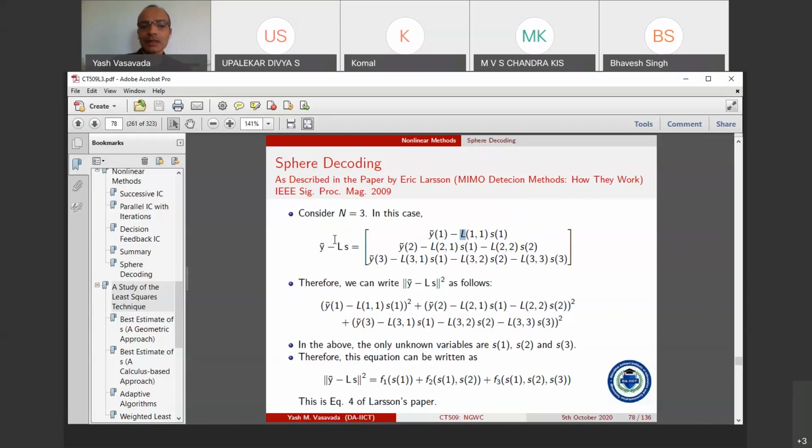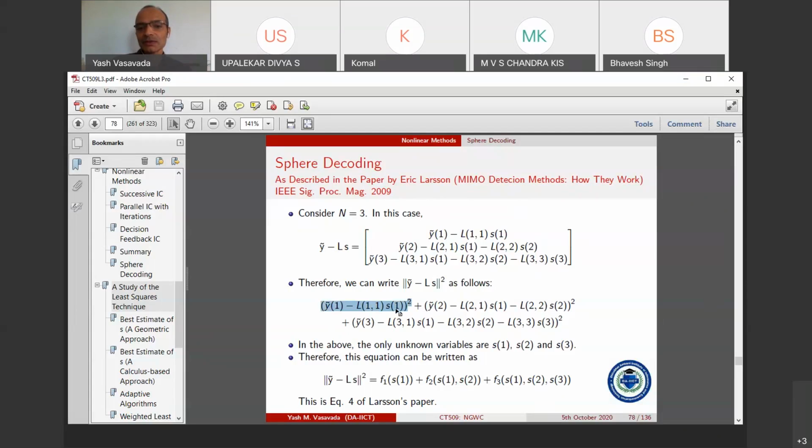So now if I want to take the squared norm, obviously it is the square of the individual elements of this vector. And so I can write it like this. And so you will see that the first term here is a function of only S1.